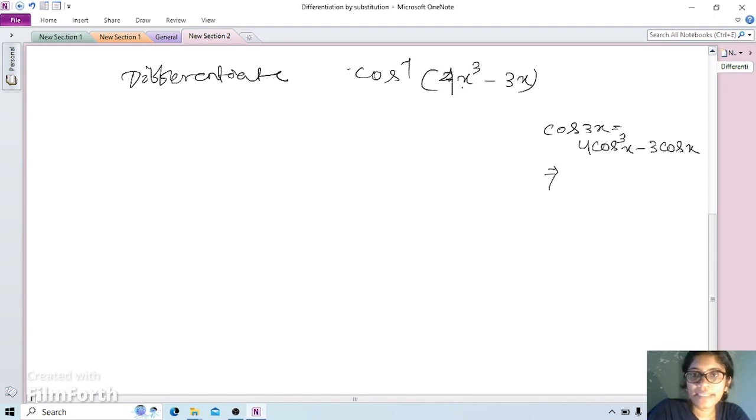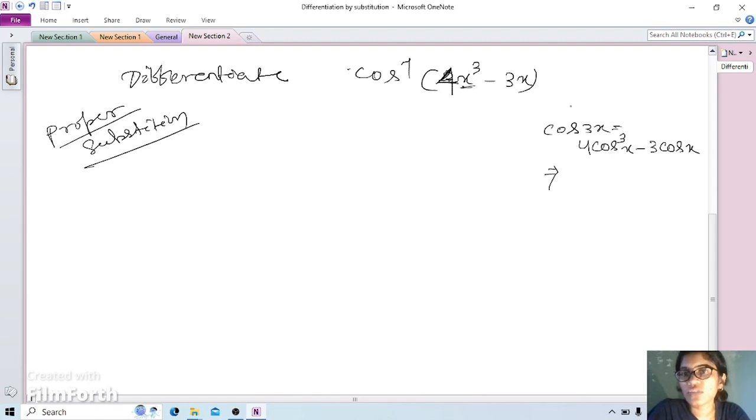By proper substitution, that means substituting a value in some places, here in place of x we substitute cos theta. Let x equal to cos theta.